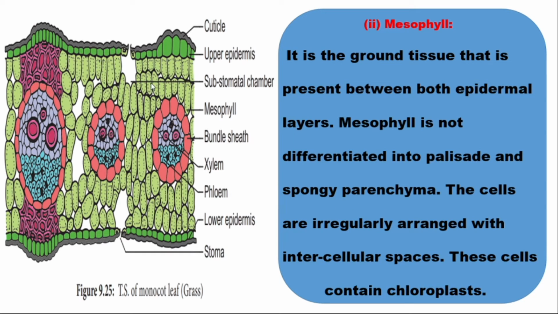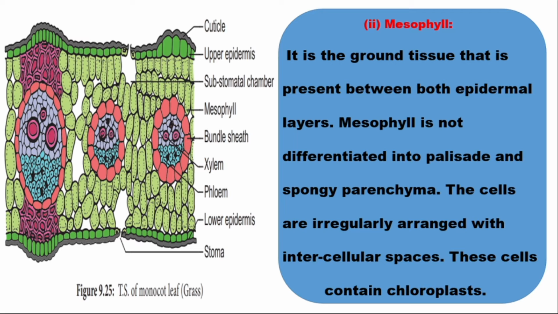We cannot differentiate which are the palisade parenchyma cells and which are the sponge parenchyma cells. The cells are irregularly arranged, with intercellular space between two cells in the mesophyll. This space we call the intercellular space.